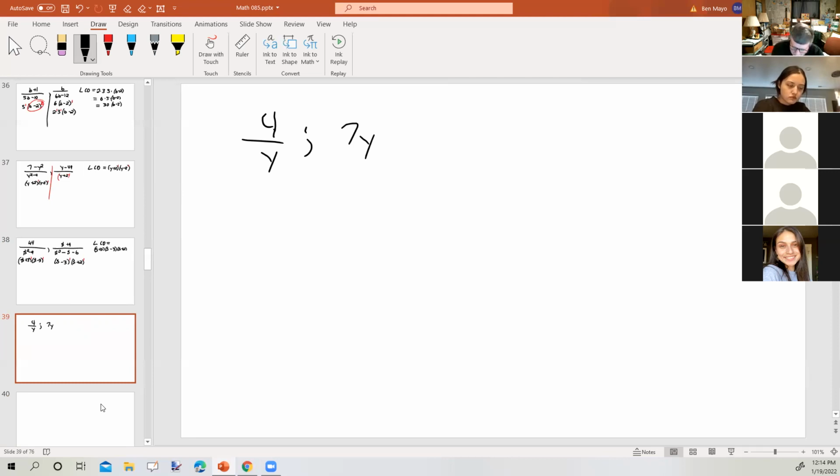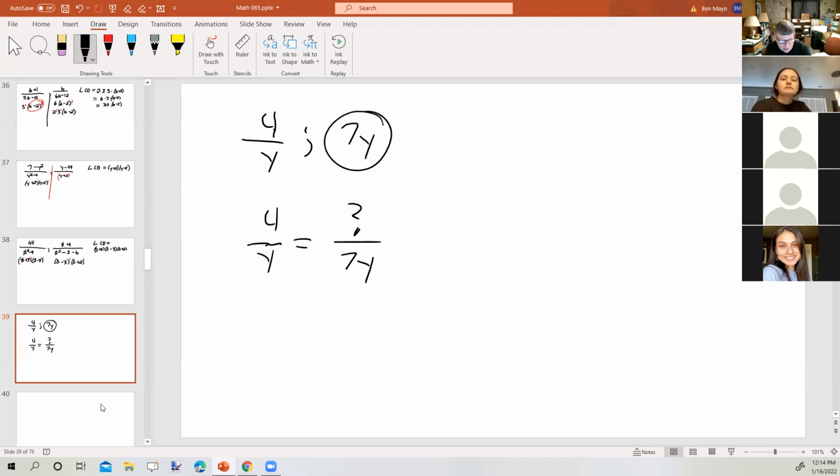Now, in a Math 75 class, we would look at it like this. We'd say, take 4 over y and write it as something over 7y, okay? So this is the new denominator that you want to build to get to.